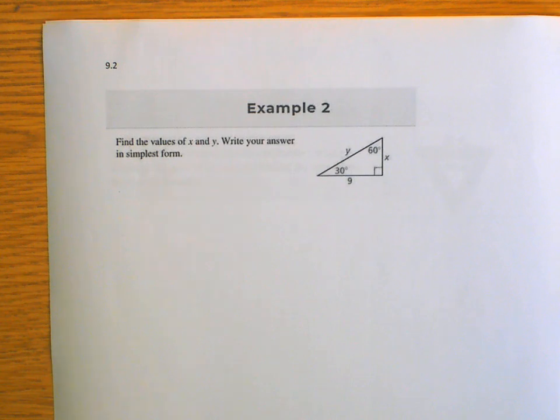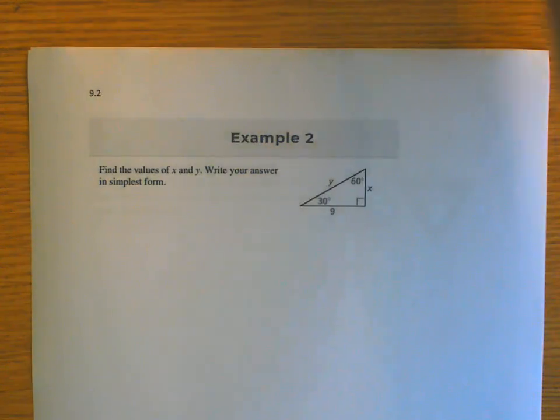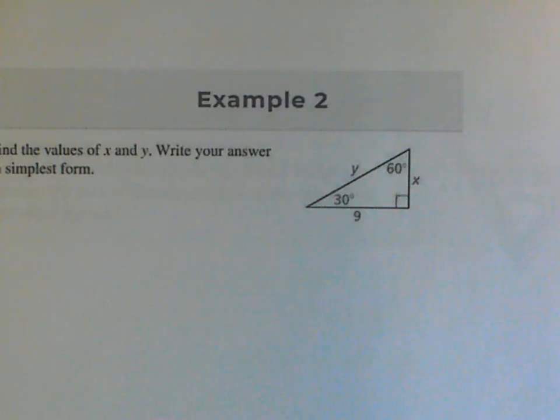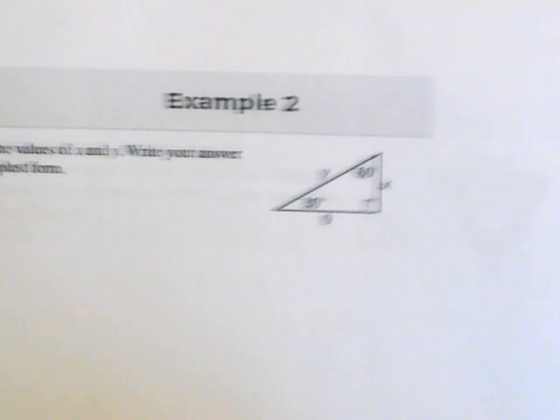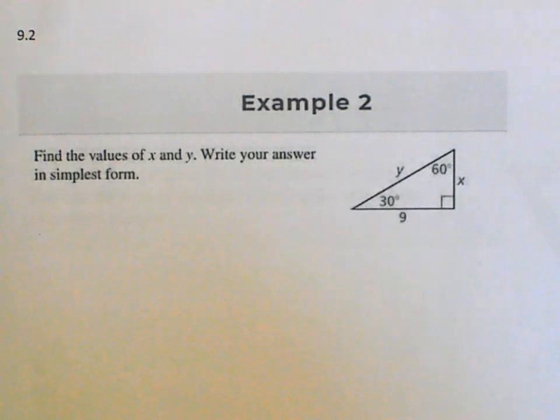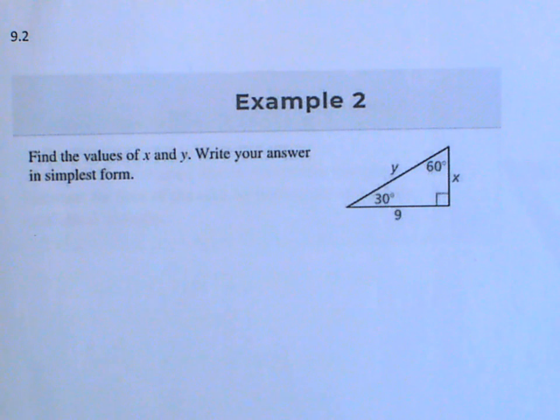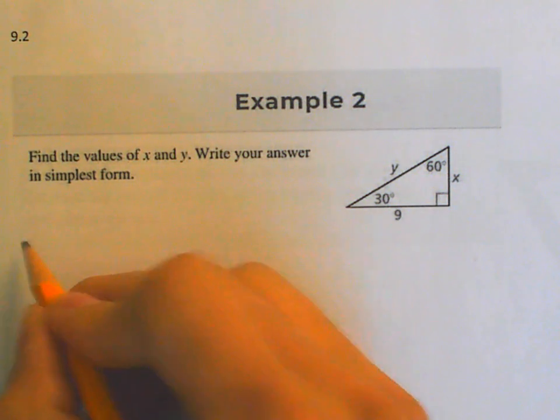Let's look at example number 2. For example number 2, it says find the value of x and y. Now, we have two relationships here that we have to pay attention to. The first relationship is the following.